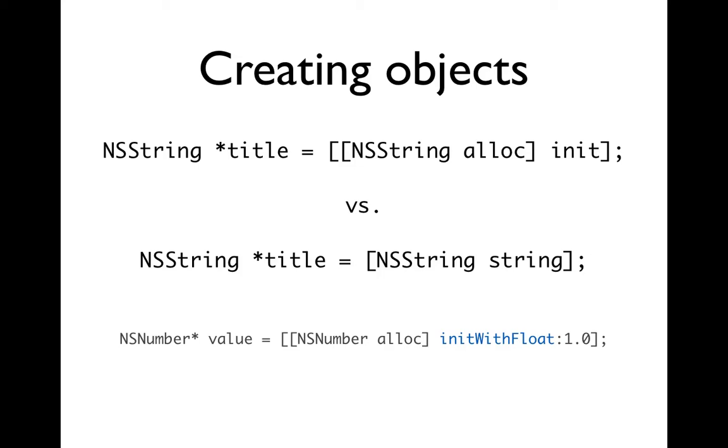And this single line would allocate space for an object, initialize the object, assign it a value of 1, and of course the object will be holding a float number. So this is not a part of the language in any way.